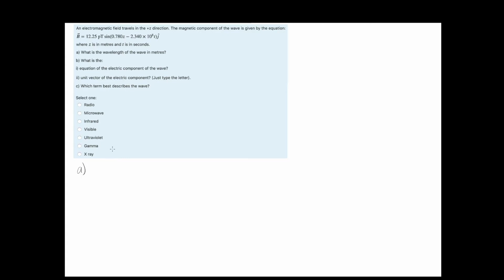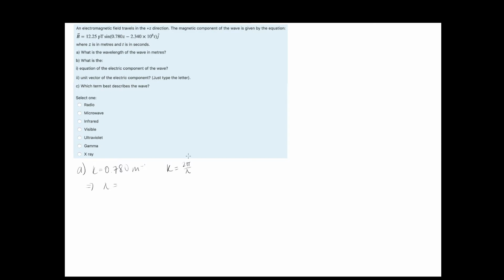So to do this first bit, what is wavelength related to in our equation? So we know it's related to k. So in our equation, k equals 0.780 meters to the minus 1. And we also know that k is 2 pi divided by wavelength.